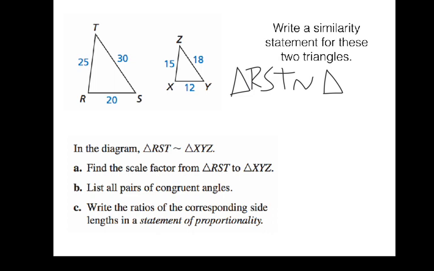We could have picked T, S, R, S, R, T. But in this case, I picked R, S, T. Now we're going to do the same motion starting over here, X, Y, Z. See that? R, S, T, X, Y, Z. That's what I'm talking about with corresponding parts. Now, we have our similarity statement.